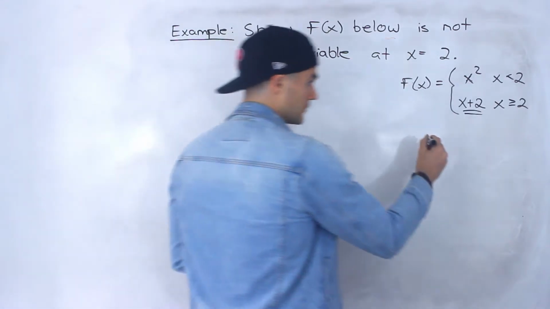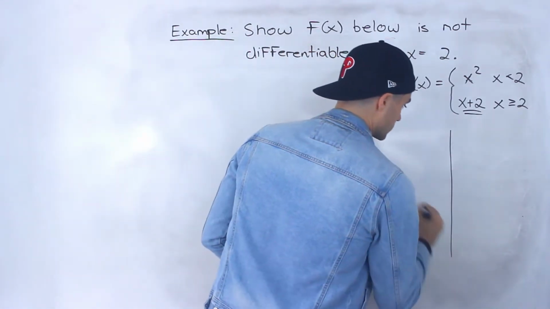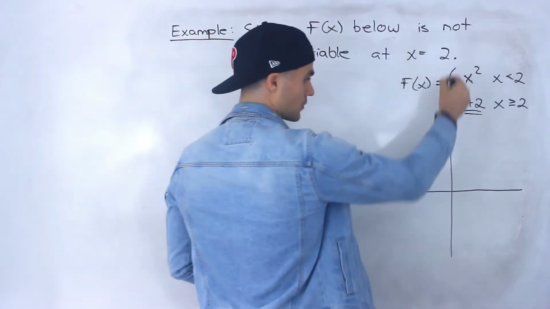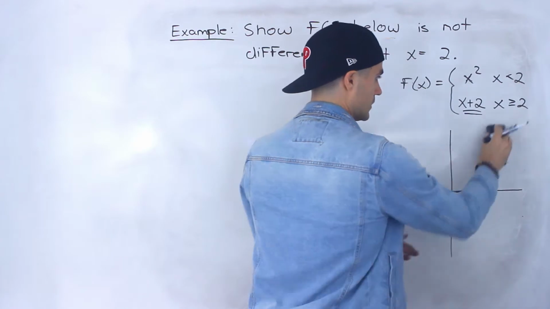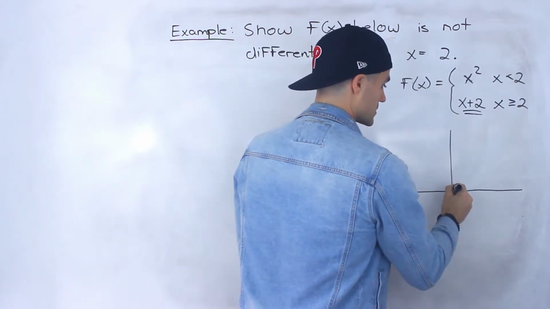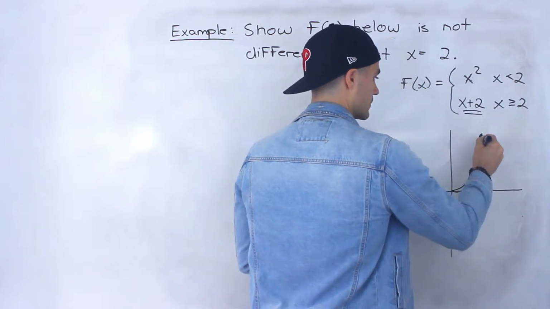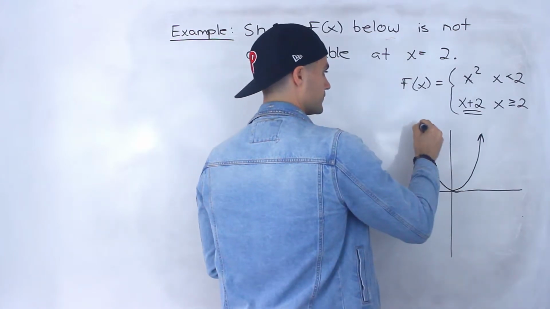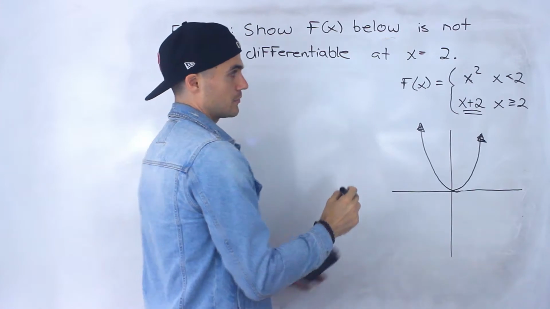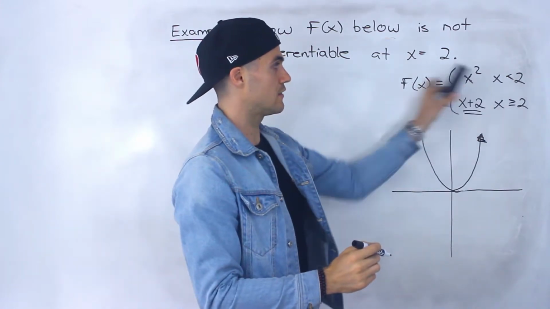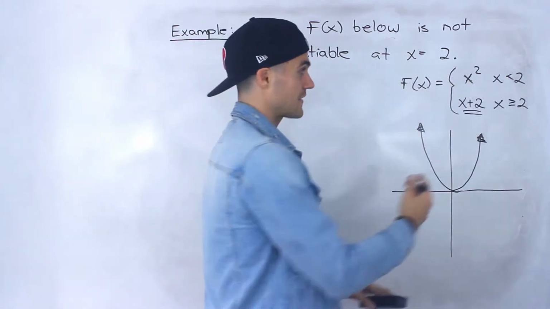So the first thing I'm going to do is graph this. Let's start with this x squared. So if I graph x squared, you know what, let's make it a little bit more steep, like that. So that's x squared, but notice that this piecewise function is x squared for x values less than 2.